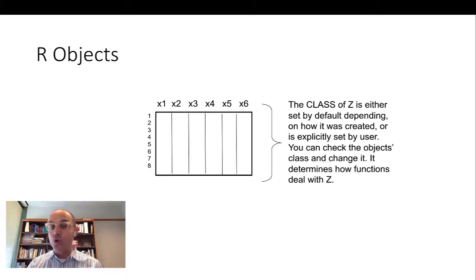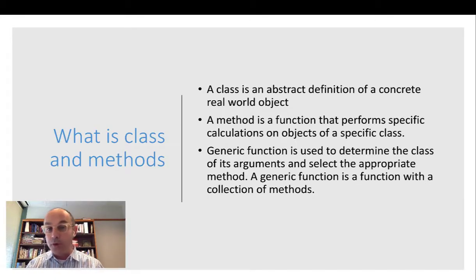The class of Z is either set by default, or you can set yourself, and that's the beauty of R, the classes by which R will treat your data. It determines how the functions deal with Z, which in this case is our object.